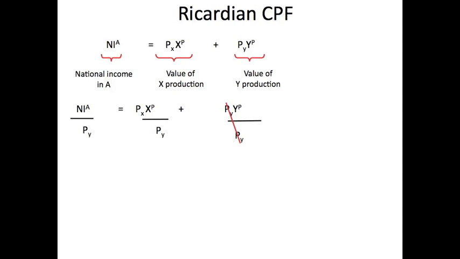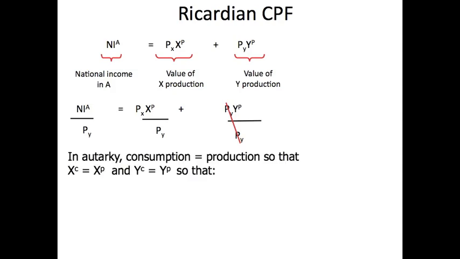Now, one thing in an autarky situation, the amount that you consume, X_C, must be equal to the amount that's produced, X_P, analogously for the Y sector.